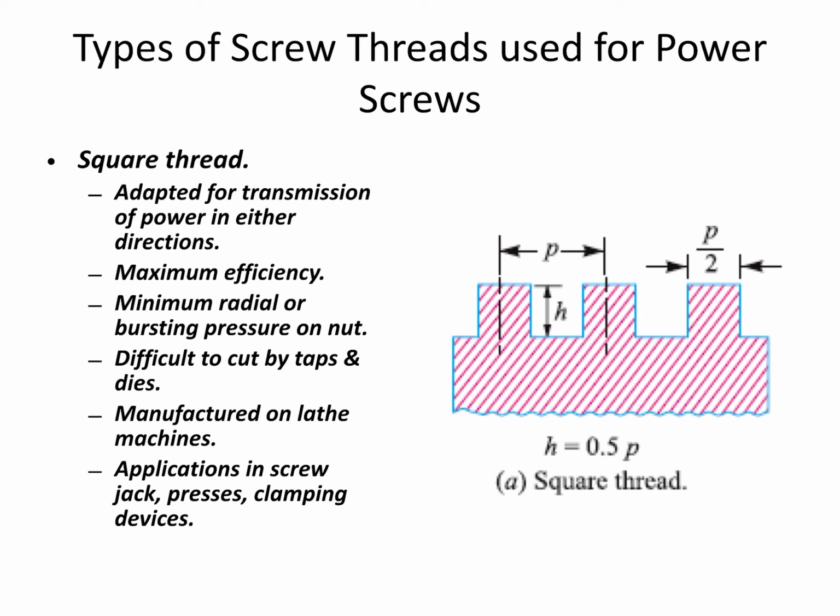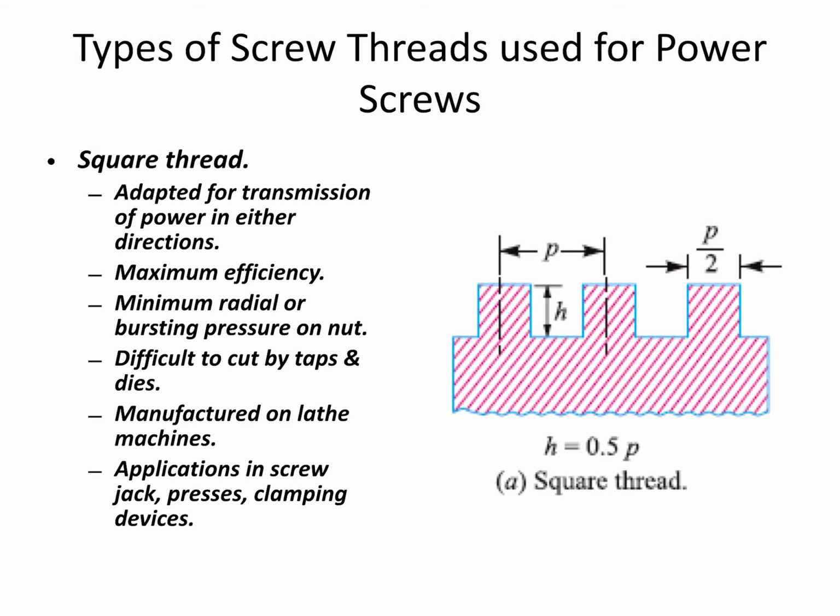So this square thread has some advantages and some limitations. Advantages: maximum efficiency, minimum radial or bursting pressure on the nut, and it can be used to transmit the power in both directions. But the limitations: it is difficult to manufacture and weaker in shear.